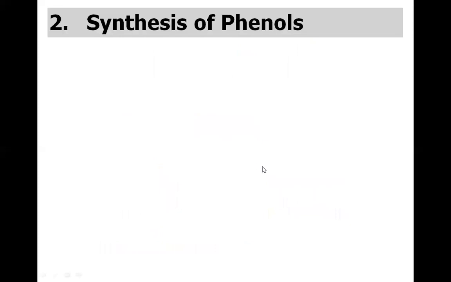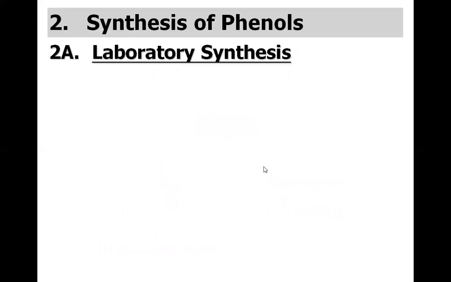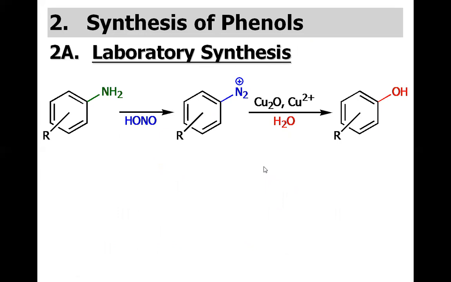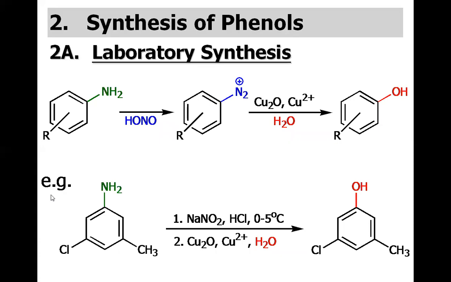Now let's discuss the synthesis of phenol. This is the laboratory synthesis. If we have some aniline derivative or aniline itself, if we treat it with nitrous acid, it will form the diazonium salt, which will be immediately attacked by the water to give the phenol or phenol derivative. And let's take the specific example.